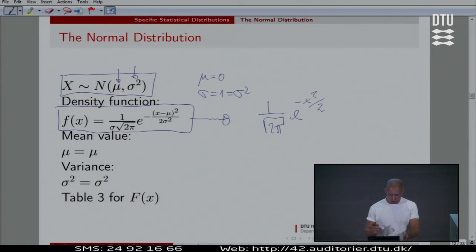Using those names, mu and sigma squared, actually was the same names as I used for something else, because these are just constants in some mathematical function here. The mu and the sigma are constants in this function.